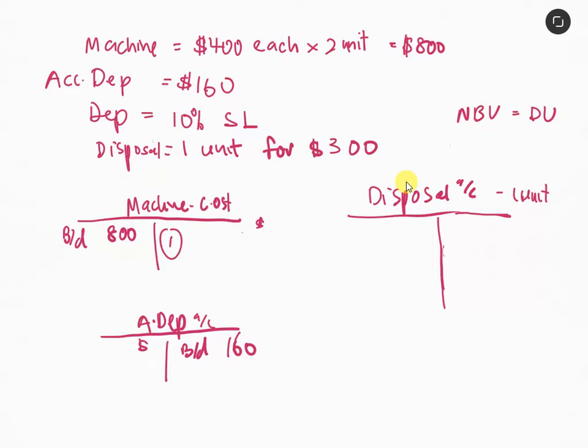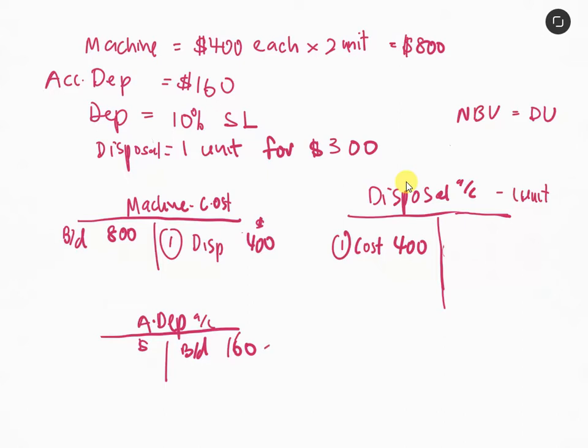When you sell, you must take out the cost. Step 2, focus on this one: what is the accumulated depreciation for the asset I am disposing? 10% is 40, already 2 years, as we mentioned just now. So 40, 40, 80 is the accumulated depreciation.